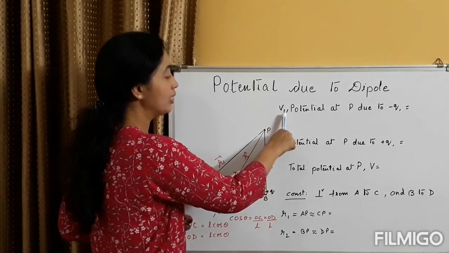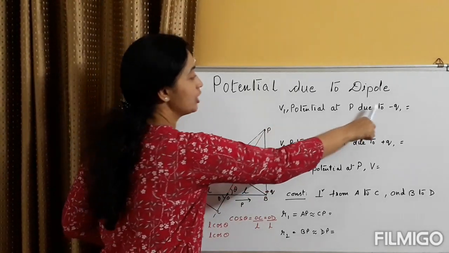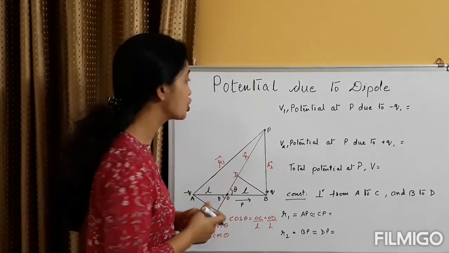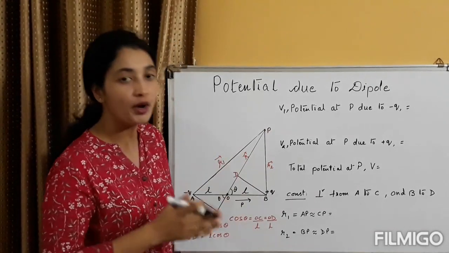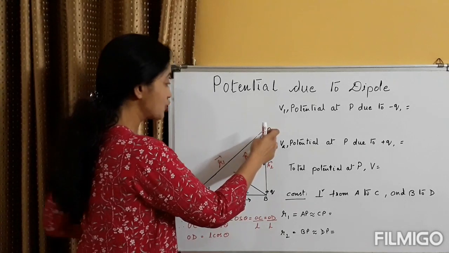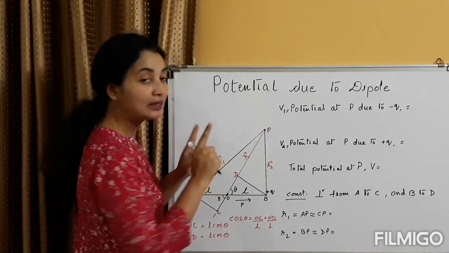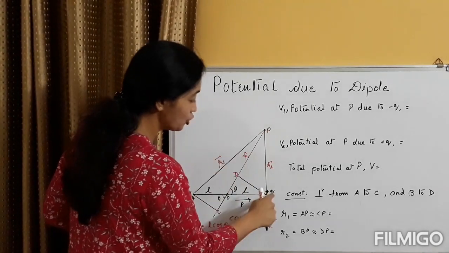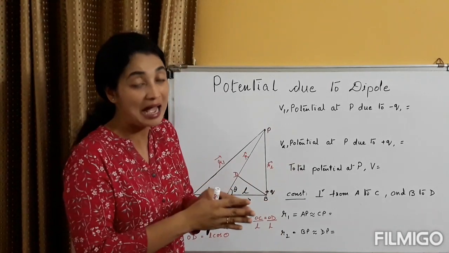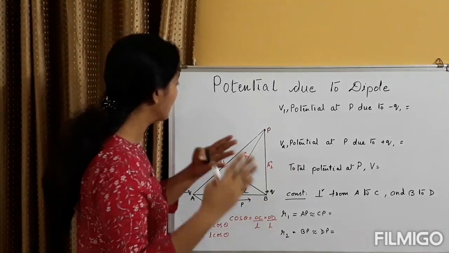Now first we will calculate V1, which is the potential at P due to the minus q charge. Since potential is a scalar quantity, all we are going to do is calculate the potential at P due to minus q, then the potential at the same point P due to plus q, and then add them up to find the total potential.